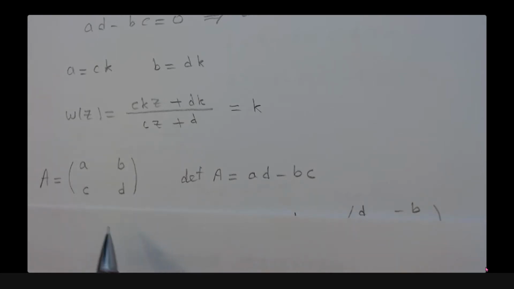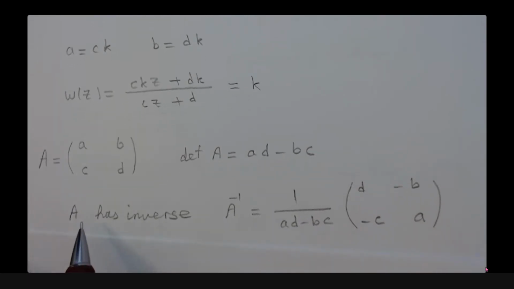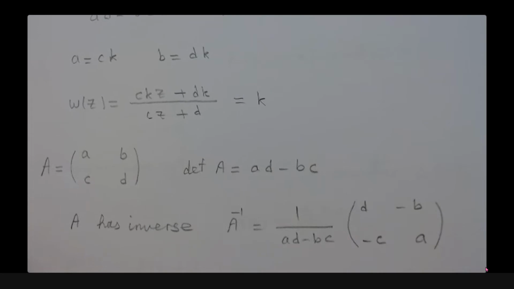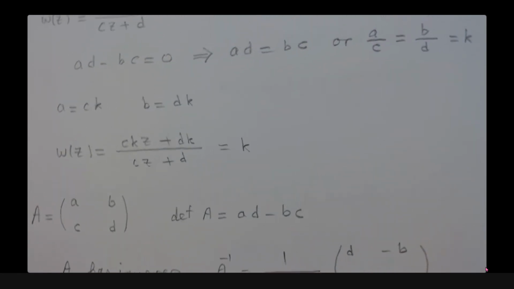So actually, we are saying that determinant of this matrix be non-zero, and that implies that the matrix has inverse, and here is the inverse of the matrix. So, just a little observation. Now, there are a lot of other observations that I will talk about one at a time.